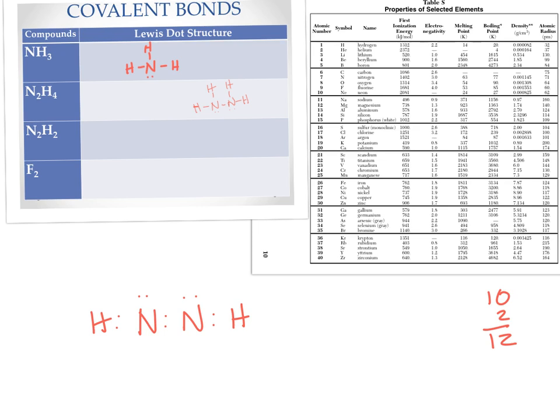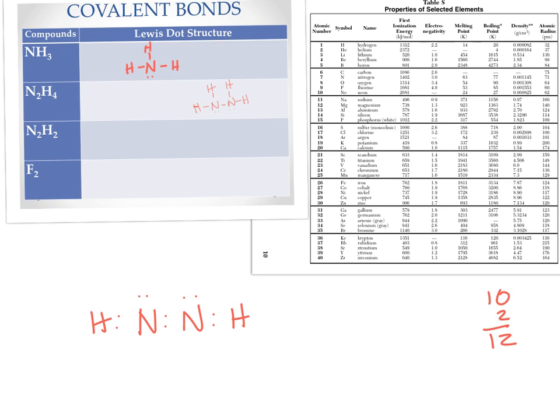So that means each nitrogen needs 2 more valence electrons, so a total of 4 valence electrons. However, we only have 2 valence electrons left, so we cannot distribute and put the valence electrons down here, because then that will mean we have too many valence electrons. So what does that require us to do instead?